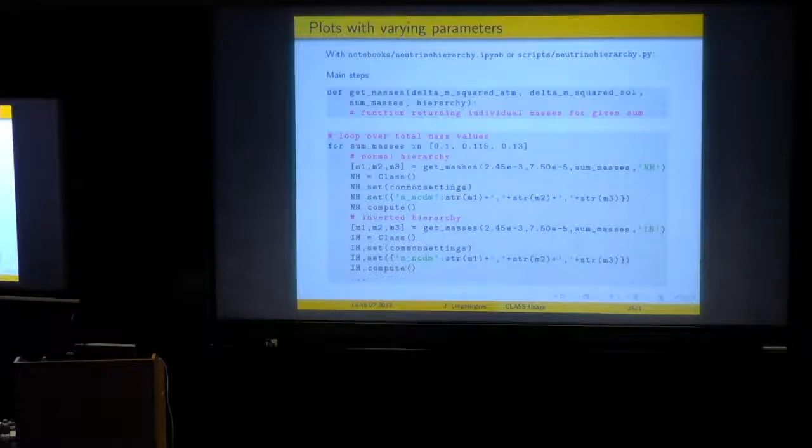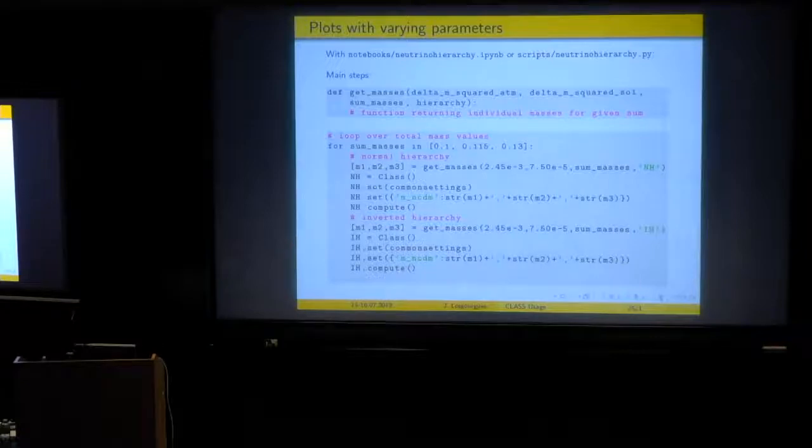Now we do a loop over the total mass. The total mass will vary from 0.1 to 0.13 electron volt in this example. And first, I call my get_masses function for the normal hierarchy, and I have an array of 3 neutrino masses. I define a class that I call nh.